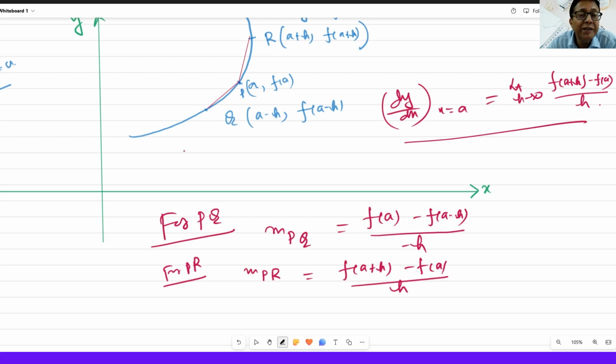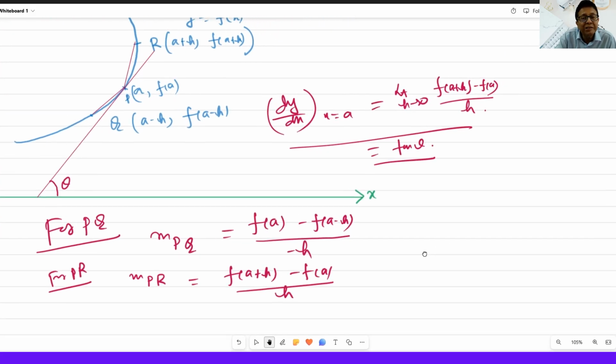Because when you draw the tangent at the point P, the value of this limit is the slope of the tangent. If this angle is theta, then this is actually tan theta. But here, if you join, that will not be equal to theta. If you join this also, that won't be equal to theta. But in the limiting case, when h is tending to 0, they may be the same.